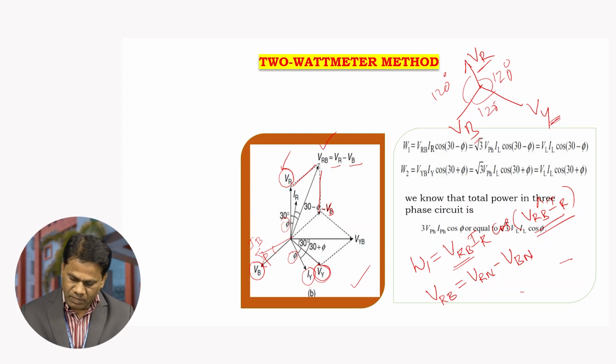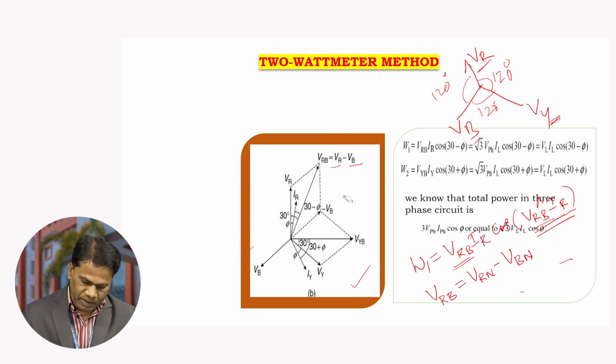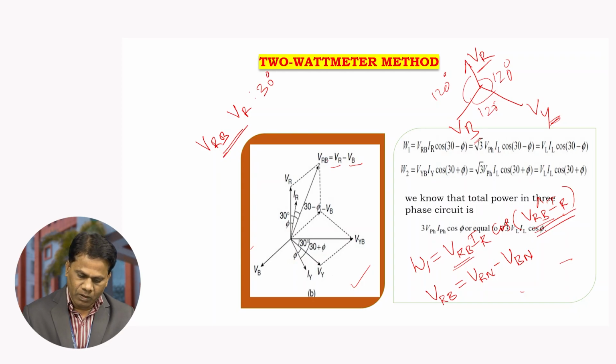So what is the angle between VRB and IR? Here you can see the angle between VRB and VR is 30 degrees. The angle between line voltage and phase voltage is 30 degrees.